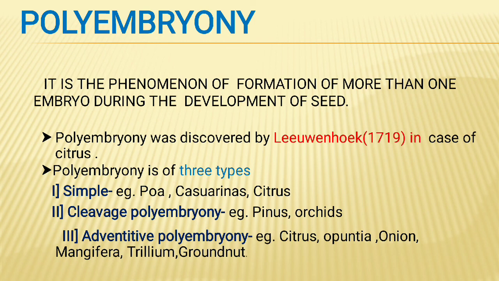The first one is simple polyembryony. In this type, a number of embryos develop as a result of fertilization of several archegonial cells, which are present within the ovule. Remember archegonial cells. So in simple polyembryony, many embryos are formed by the archegonial cells.